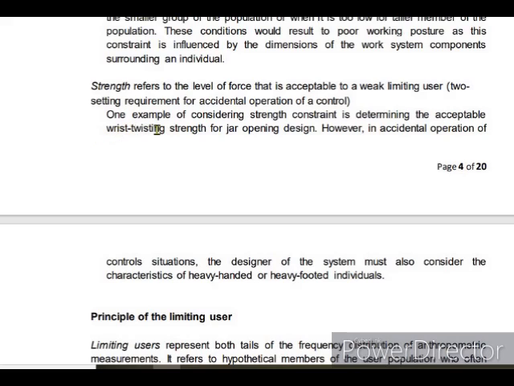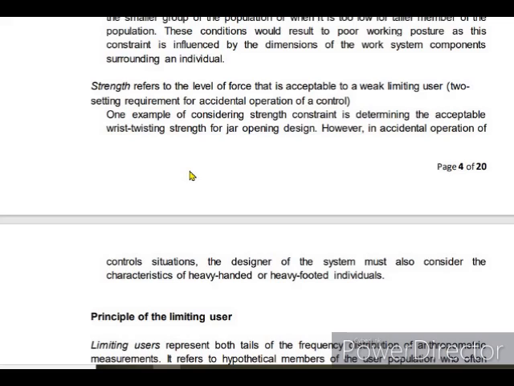One example is determining the acceptable wrist twisting strength for jar opening design. When you are designing a jar opening, you have to consider the strength. Too much strength can break the jar, so you have to devise some mechanisms that cater for excess strength.